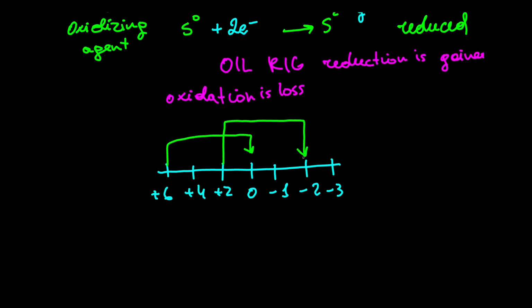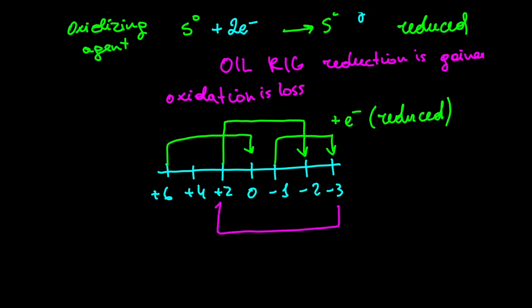If we are going from the left side to the right, then the compound or ion is always reduced because it gains electrons. And if we are going from the right side to the left side, the compound or ion is always oxidized because it loses electrons.